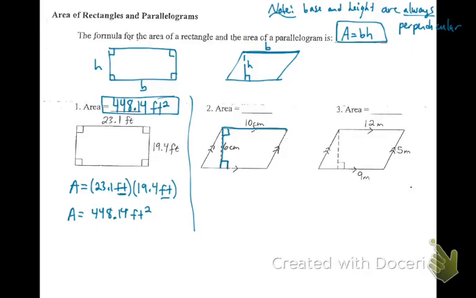So the area is the base, which is 10 centimeters, times the height, which is 6 centimeters. And again, we multiply the numbers, we get 60. Multiply the centimeters, you get centimeters squared. So the area of this parallelogram is 60 centimeters squared.